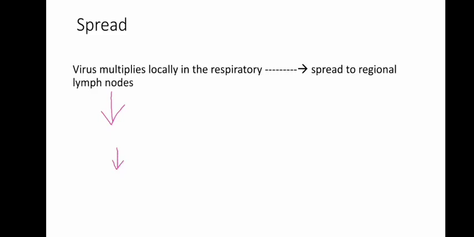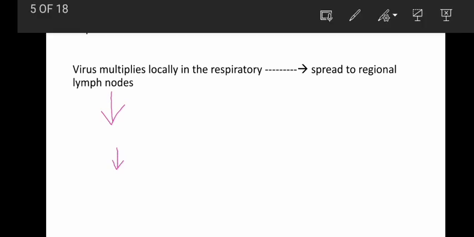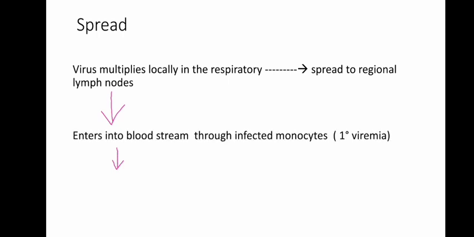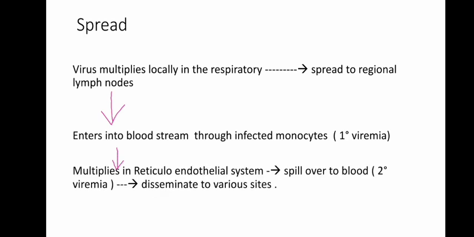The virus first multiplies locally in the respiratory tract and spreads to regional lymph nodes, and it enters the bloodstream through infected monocytes. It multiplies in the reticuloendothelial system and spills over to the blood and disseminates to various sites.